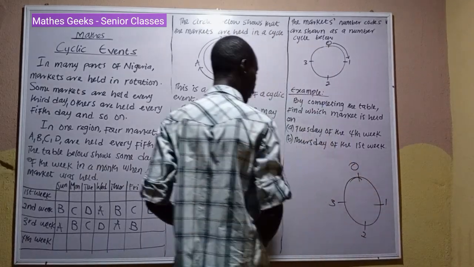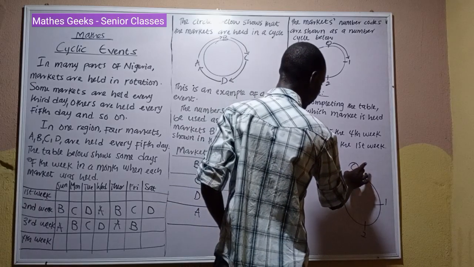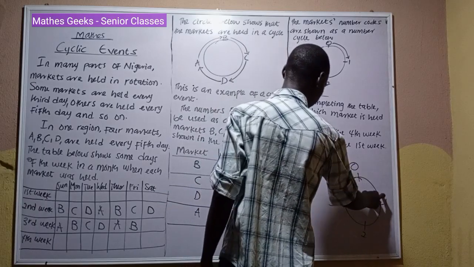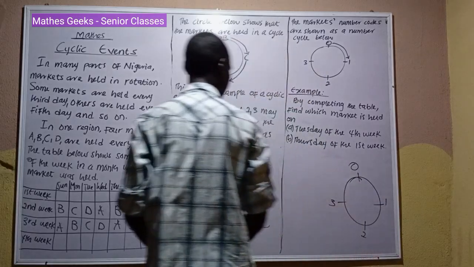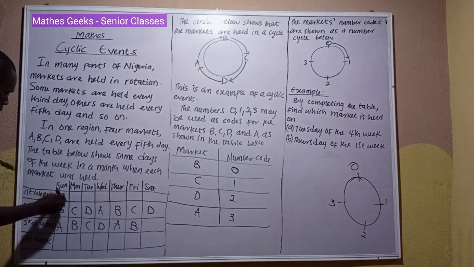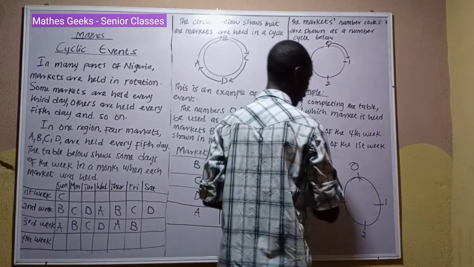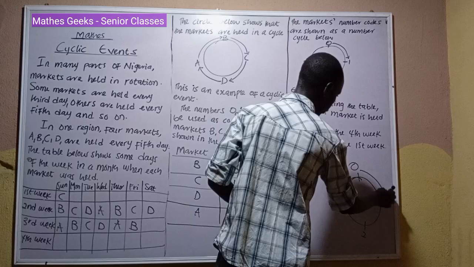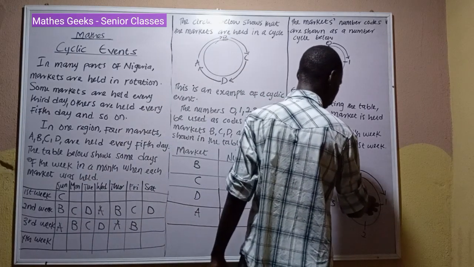So Sunday, which is the first day of the week, we start from 0 to 1. The first market will be held on 1, and 1 is C. So start with C. It indicates movement from 0 to 1. The next market day, which is Monday, will be 4 days after.